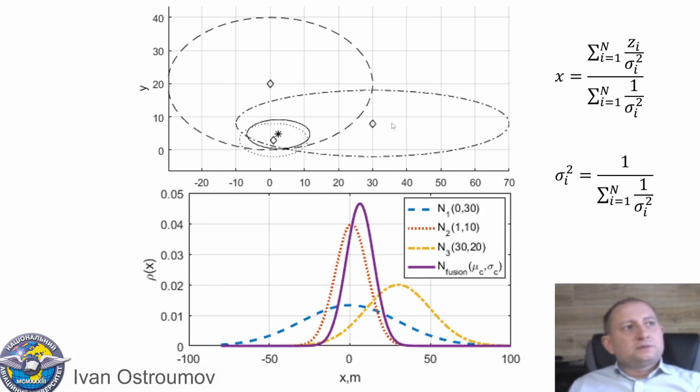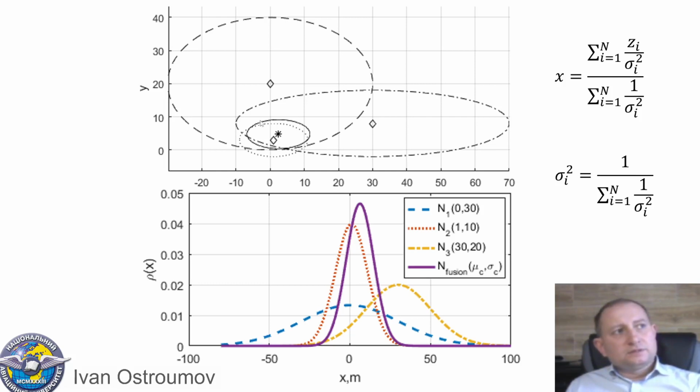That's why fusion of three different sensor measurements by the maximum likelihood method gives us a crossing area of all confidence ellipses of each measurement.